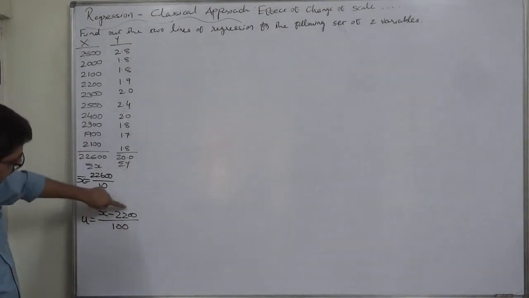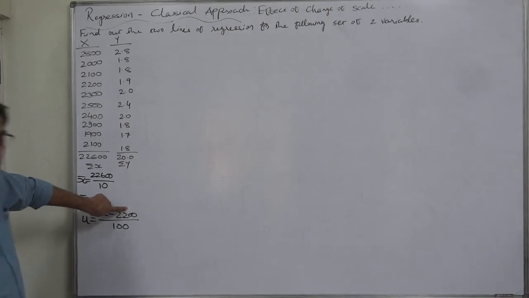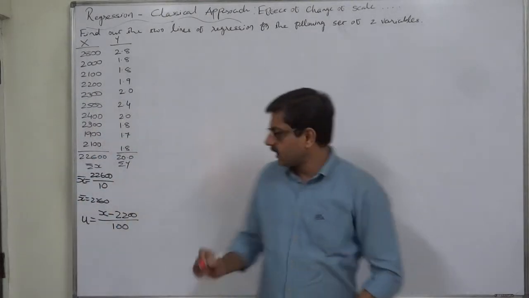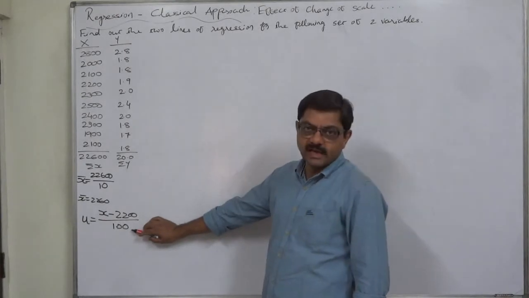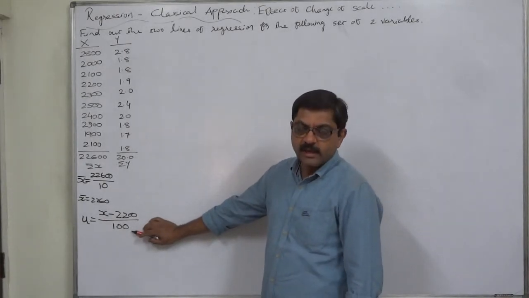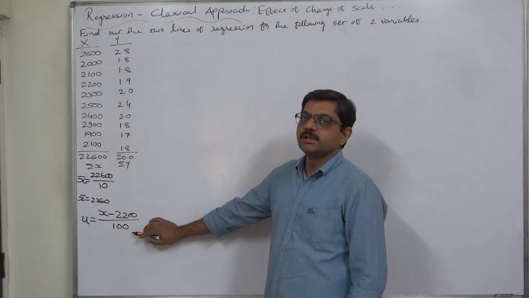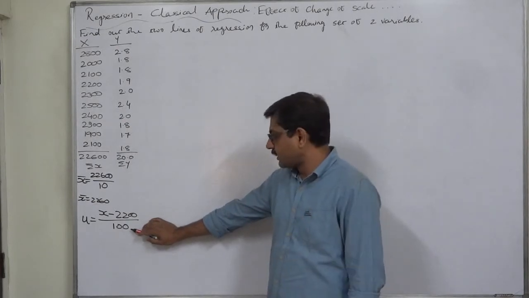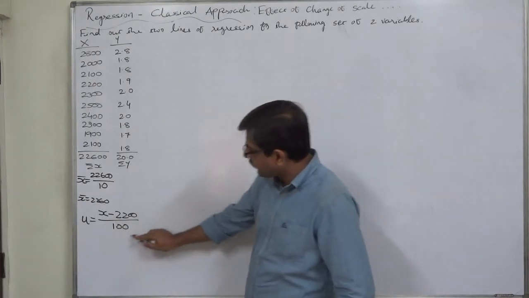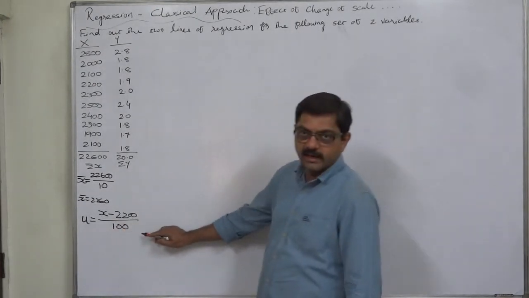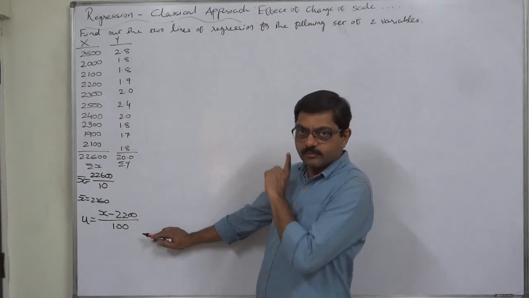Now this is called change of origin. There is no problem with change of origin in the calculation of the coefficient of regression. But this is change of scale, division or multiplication, and the coefficient of regression is not independent of change of scale. So at the time of calculation, we have to give the reverse effect of this 100 in the formula or steps of calculation.